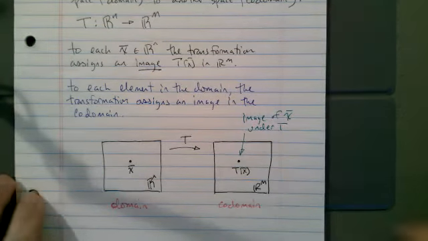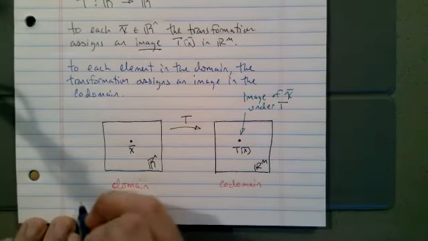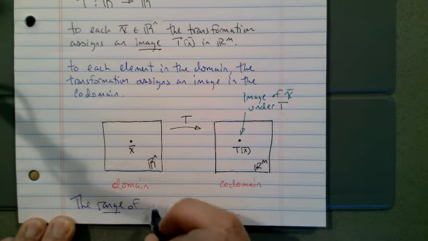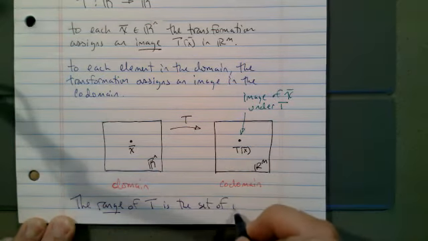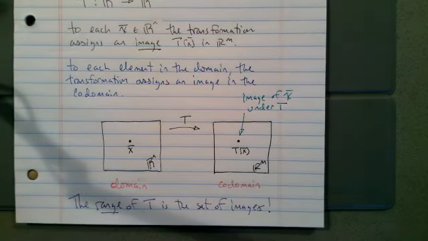The range of T is the set of images, and so that's going to be sitting in Rm.